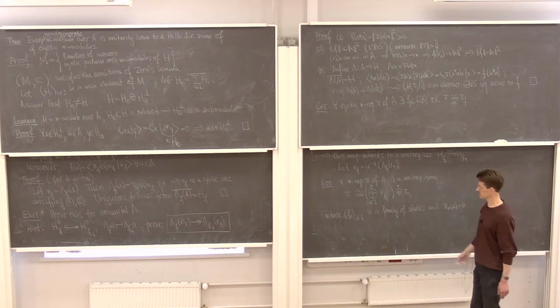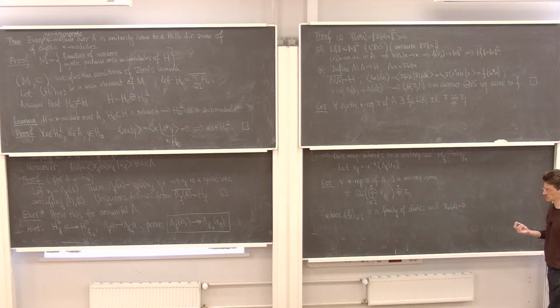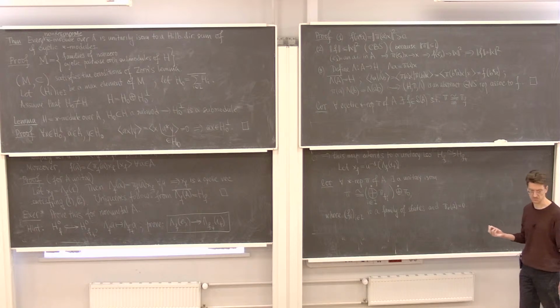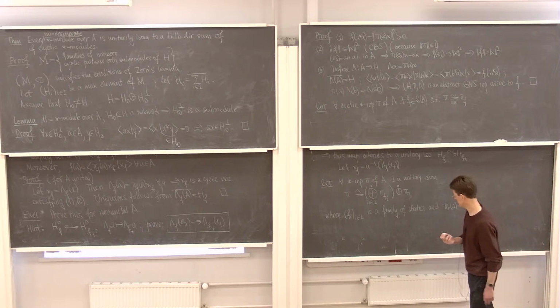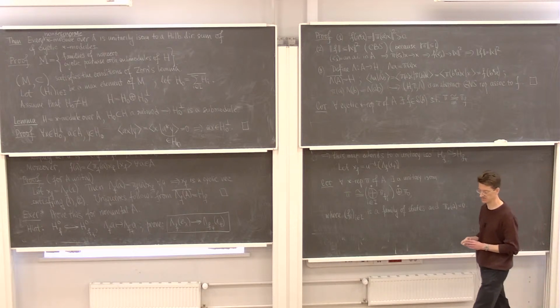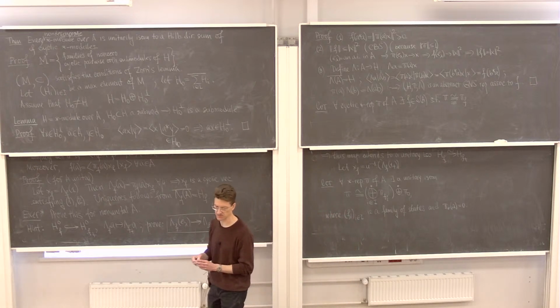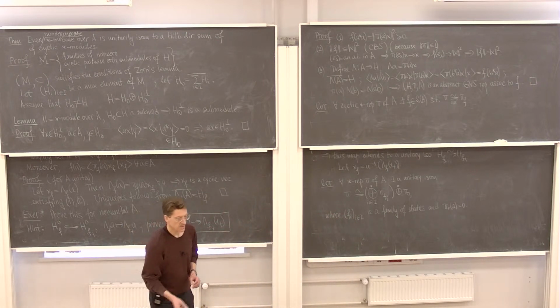So in some sense, this result means that every star representation is composed of GNS representations. We will see fairly soon that this is quite useful. In particular, this is useful in the study of tensor products of C-star algebras.